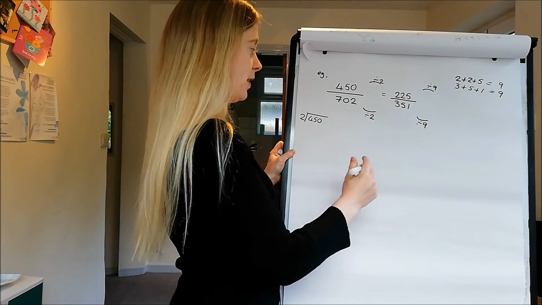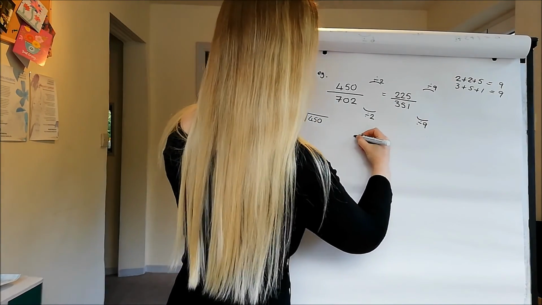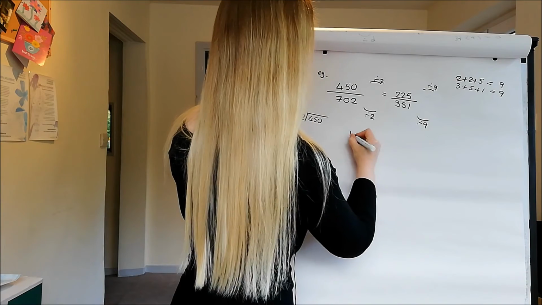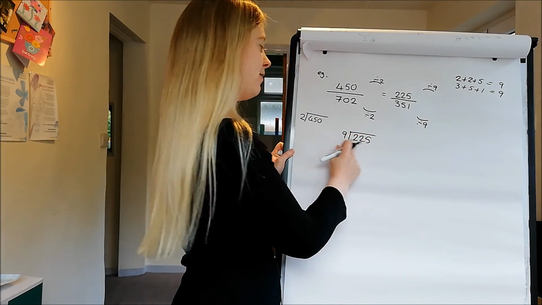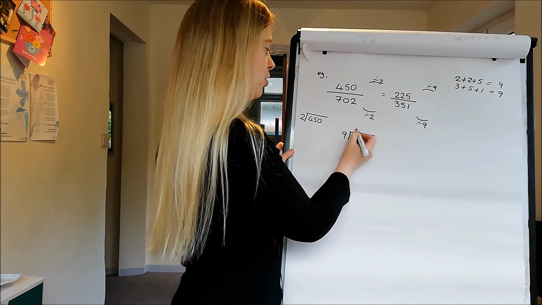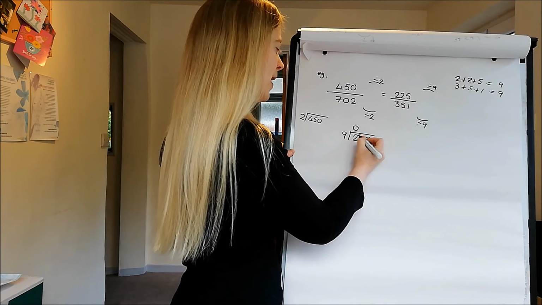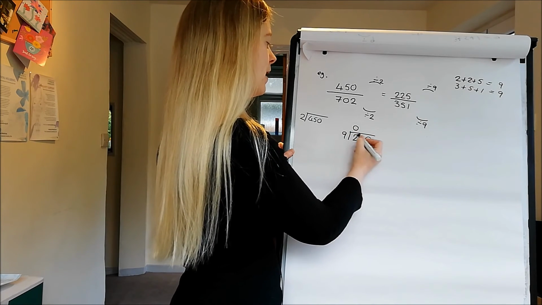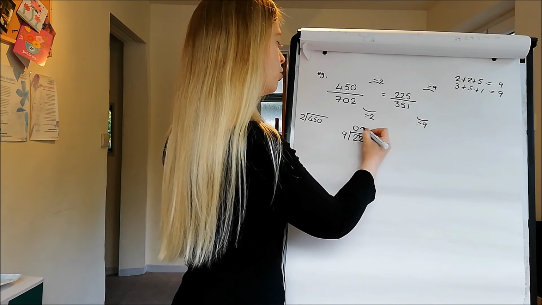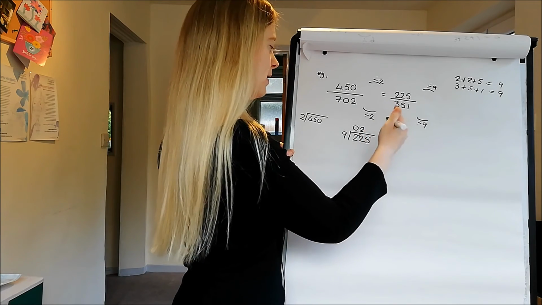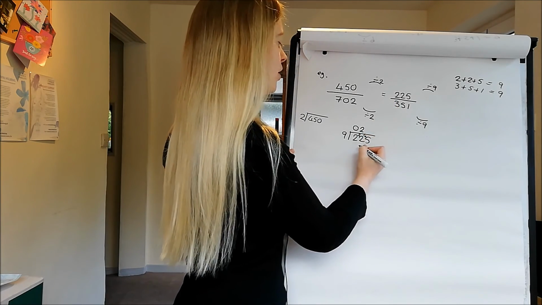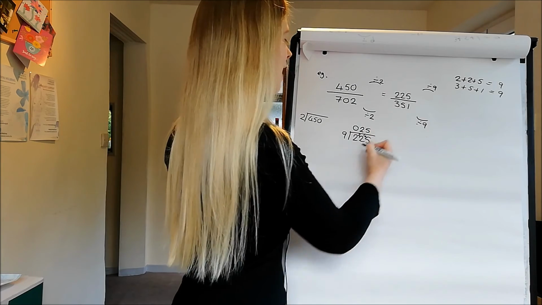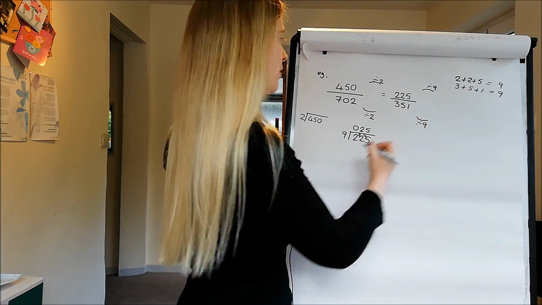Now I don't know these in my head, so I'm going to say 9 into 225. 9 into 2 doesn't go, remains a 2. 9 into 22 goes twice, 9 twos are 18, with 4 leftovers, and 9 into 45 goes 5 times.